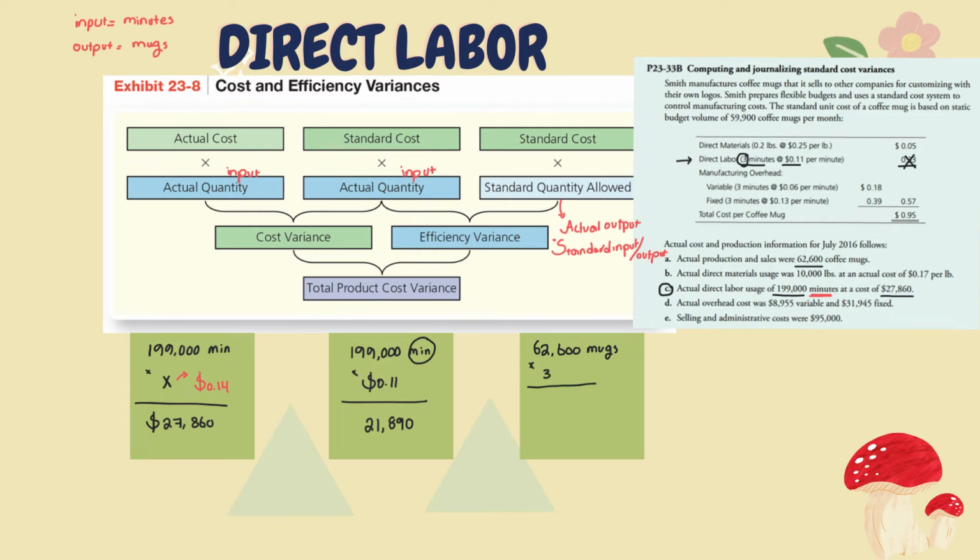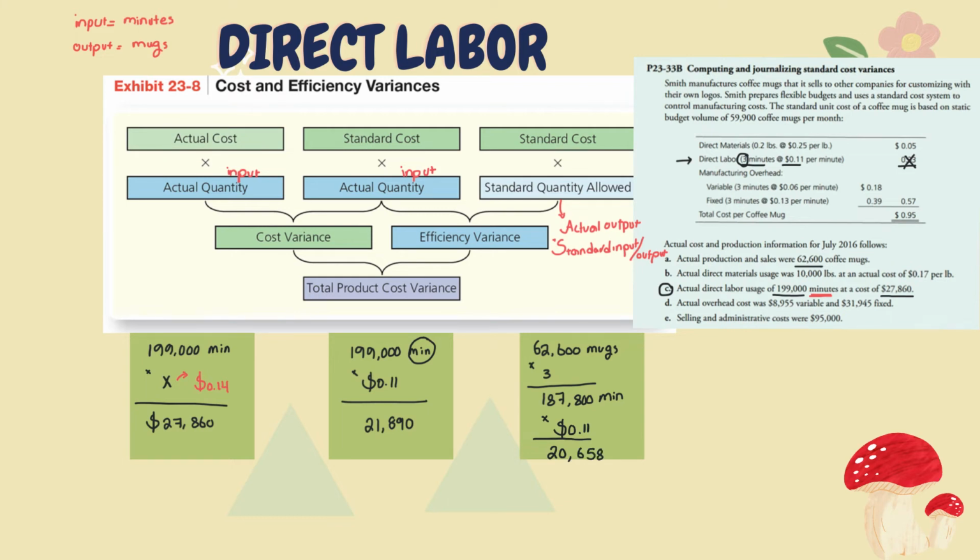So 62,600 times 3 is gonna be 187,800 minutes. Now this one is called standard quantity allowed. I need to multiply it with standard cost per minute, which is 11 cents. So if we multiply these two, I'm gonna get 20,658.